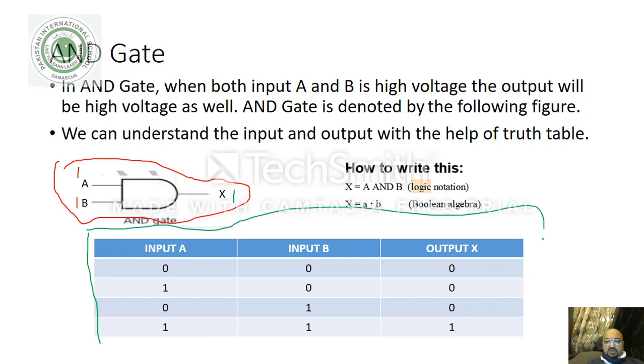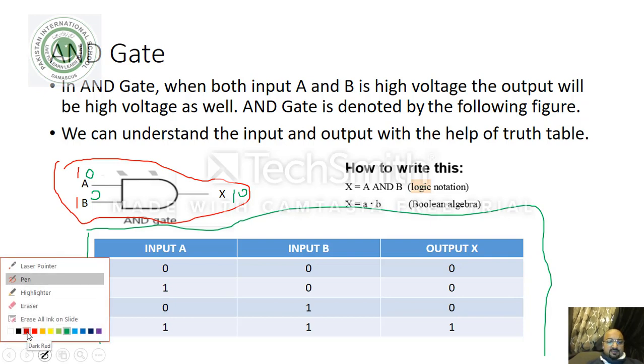Whenever input A is 0 and input B is 0, when they both have low voltage, the output will be low voltage as well. This is the first condition.